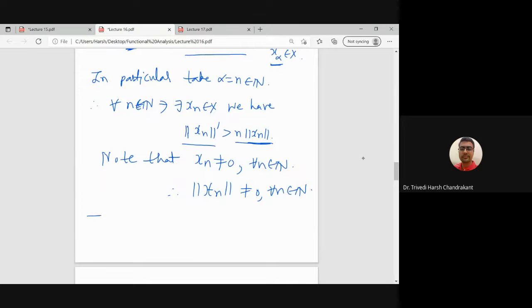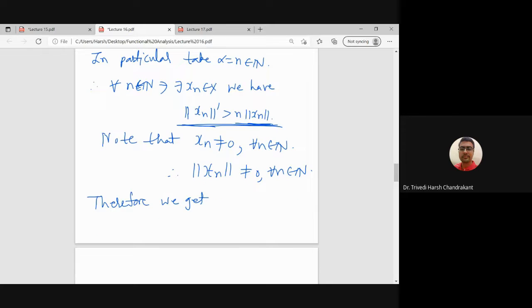So since norm of xn is non-zero, we can divide this inequality by norm xn. If we divide this inequality by norm xn, we get norm of xn dash divided by n times norm xn is greater than 1 for every n. Right.